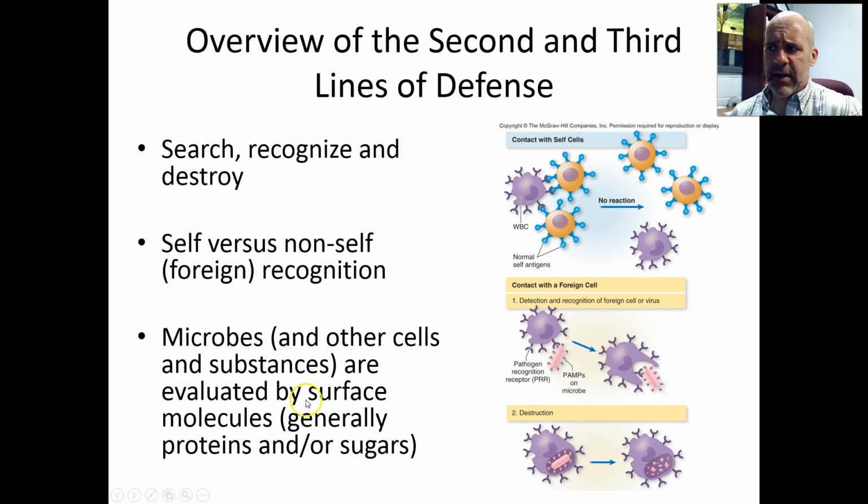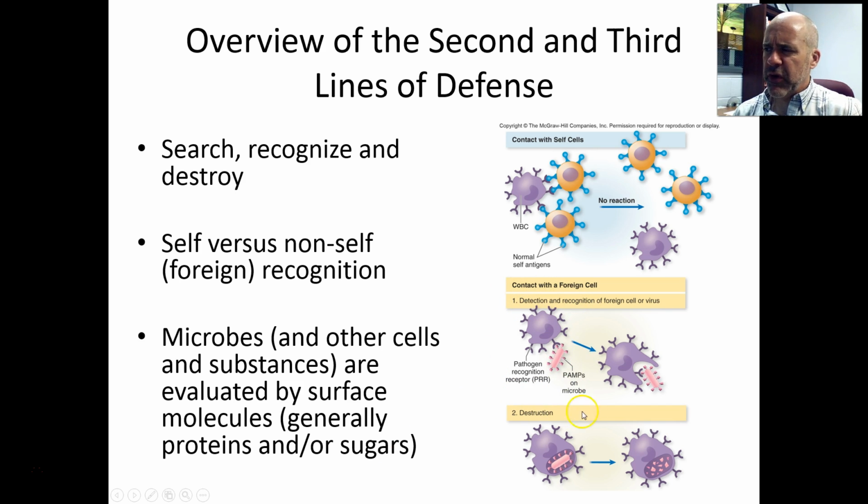And as we'll see, they're generally evaluated through surface molecules. Your textbook calls these markers, molecules on the surface that have these three-dimensional shapes that can be recognized by cells of the immune system. Those are generally going to be proteins and or carbohydrates, sugar patterns that exist on the surfaces. So we'll see more than one example of that.